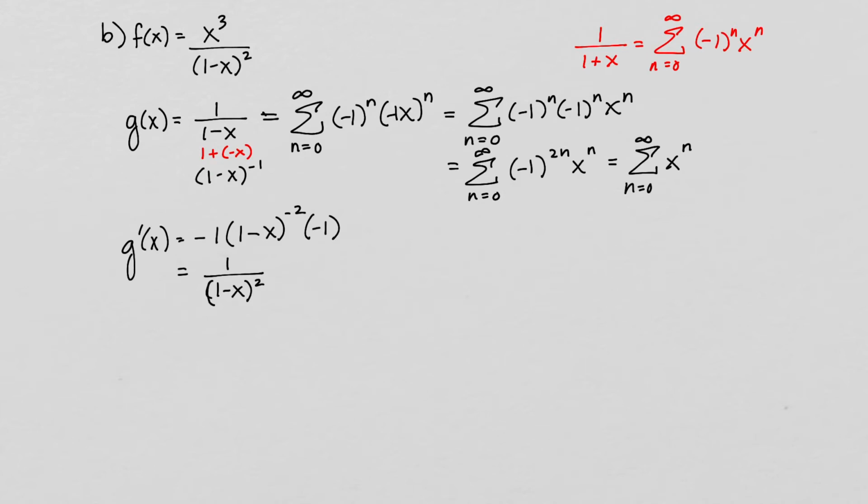To find the series, since I already know g of x is equal to this, all I want to do is take the derivative of that. Remember, when you take a derivative, the constant term goes away.